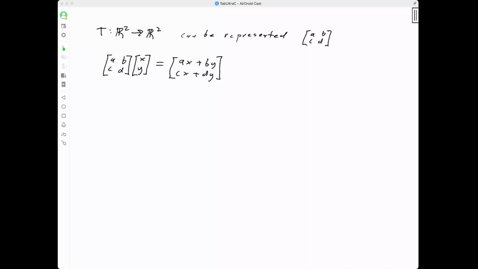So everything we've done so far with matrix multiplications applies to the idea of a linear transformation. You can think of the linear transformation as generalizing matrix multiplication into other ways, other rules, instead of just this one rule. And I think that's where I'm going to stop with this video.